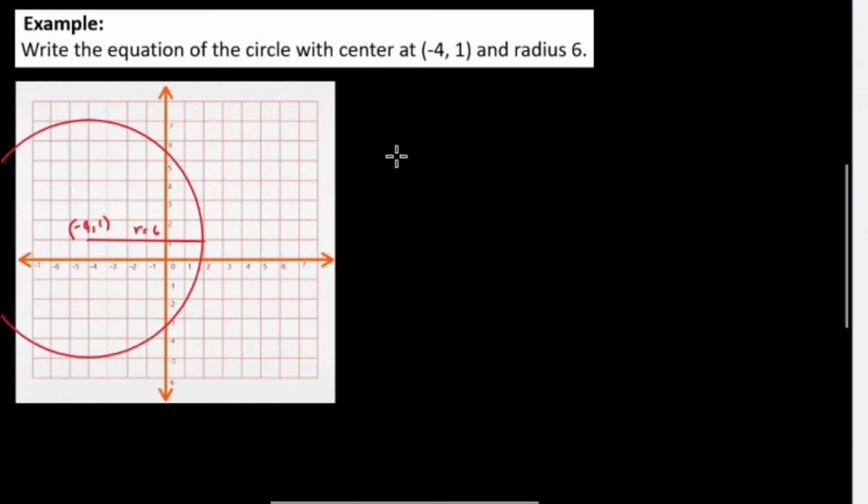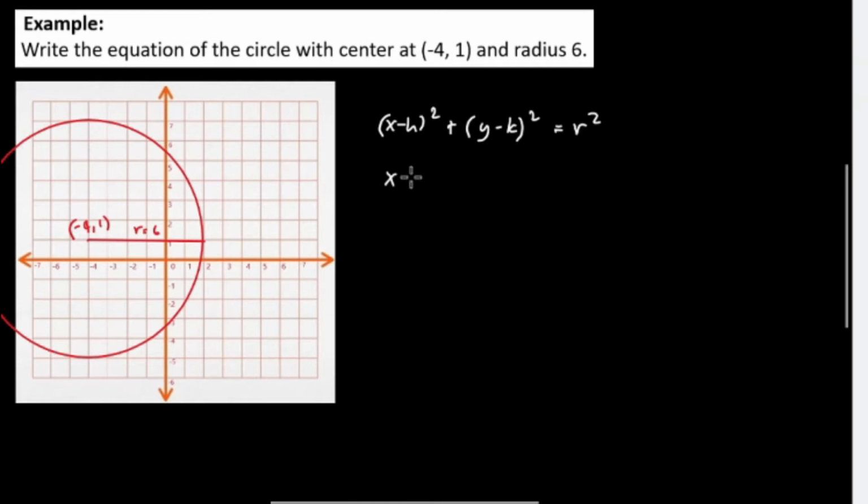And the equation of the circle, (x minus h) squared plus (y minus k) squared is equal to r squared. And we have h, which is -4, k, which is 1, and radius r, 6.